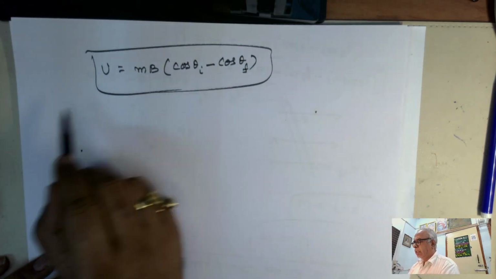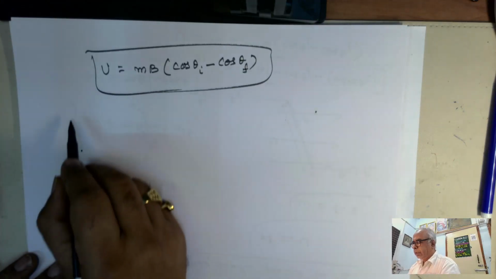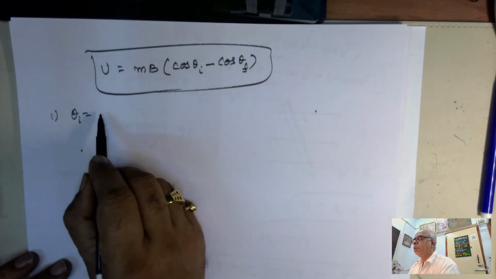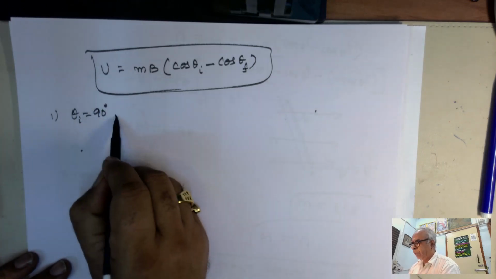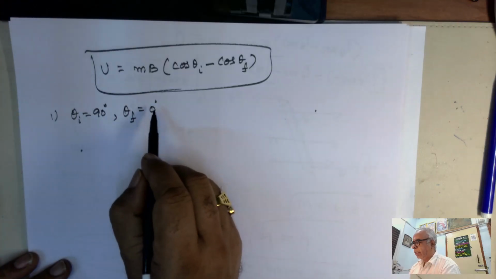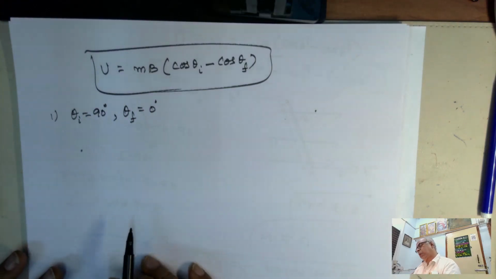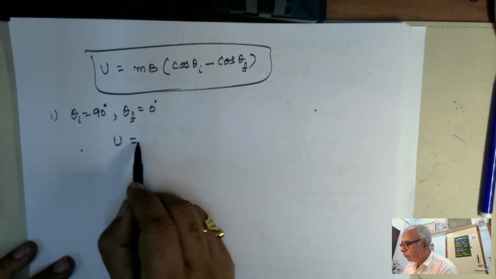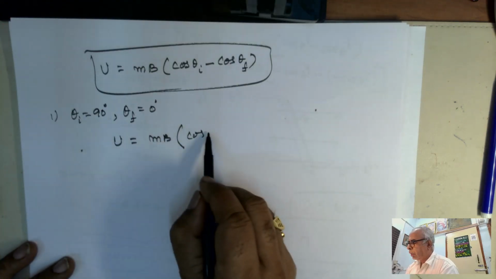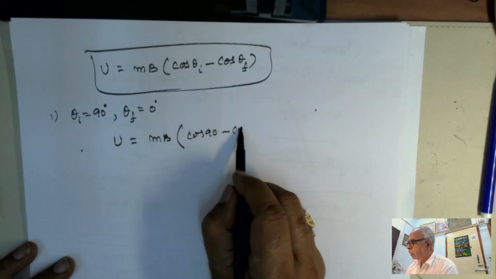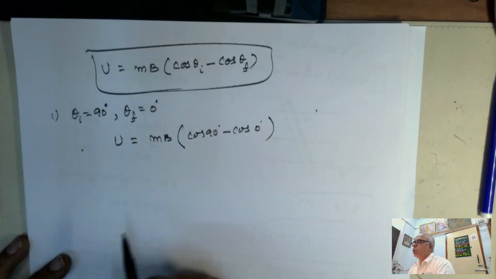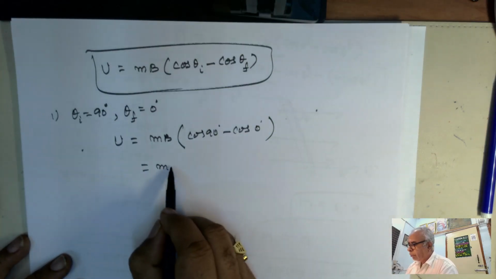Now let us analyze the cases. When theta i is equal to 90 degrees and theta f, the final angle, is equal to 0 degrees, what is U? mB into cos 90 minus cos 0 degrees.